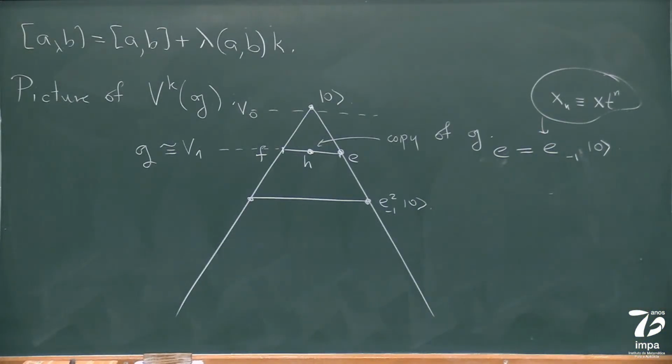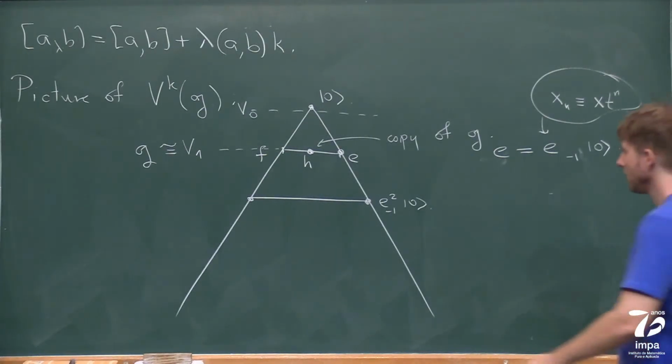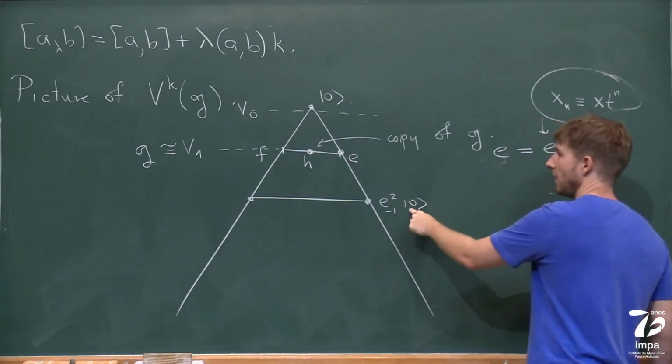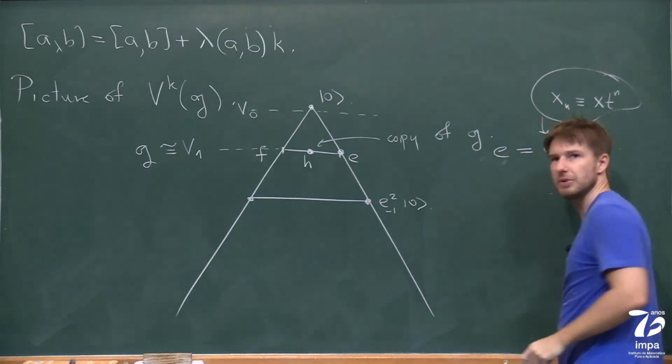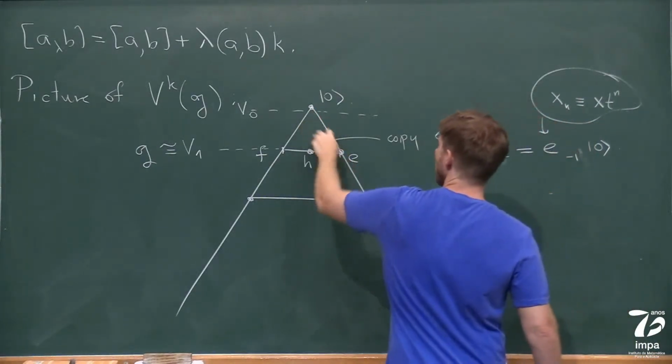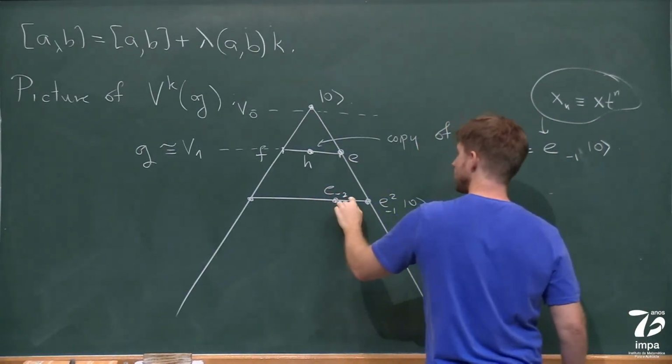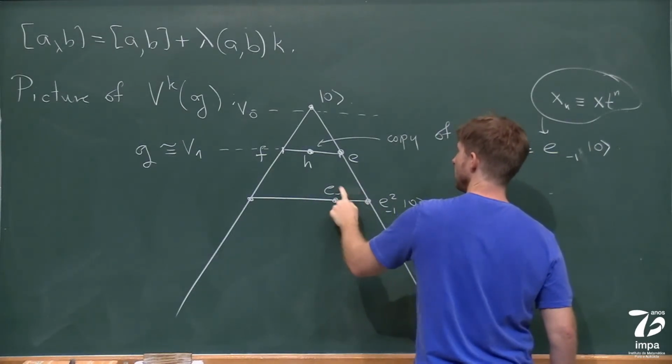Recalling a notation that I've introduced, x sub n is synonym for x times t to the power of n. So here I could apply e minus 1 two times to the vacuum, and then I go two steps in the same direction. Or I could just apply an e minus 2 to the vacuum, where I'll omit the vacuum from these.